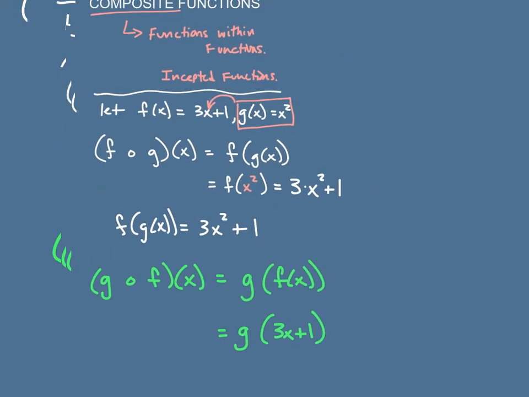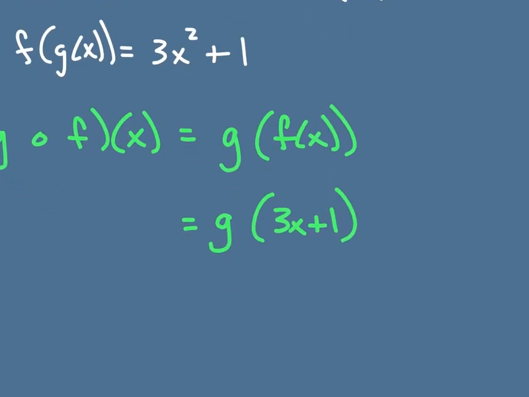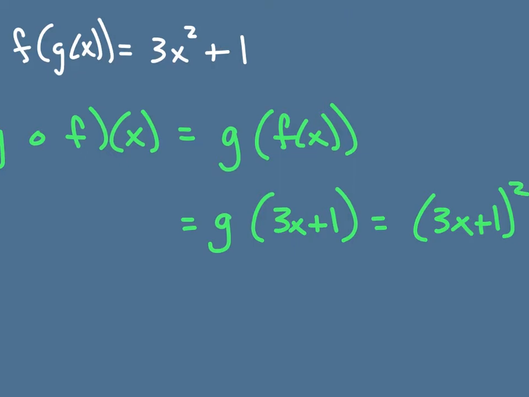So we're taking this function, 3x plus 1, and we're substituting it into x of our other function. As a result, g of 3x plus 1 is going to give us 3x plus 1, that quantity, then squared.